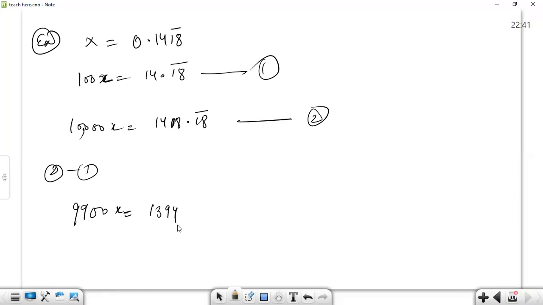Let me recheck: 1408 minus 14, 8 minus 4, that becomes 4, and that should become 1394. That's right, am I making a mistake?